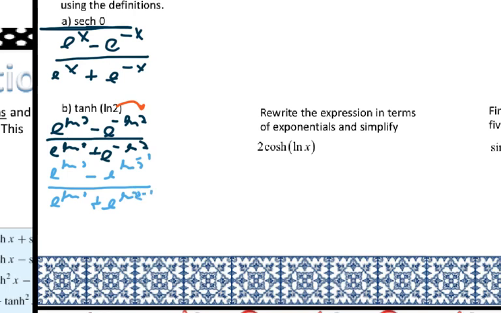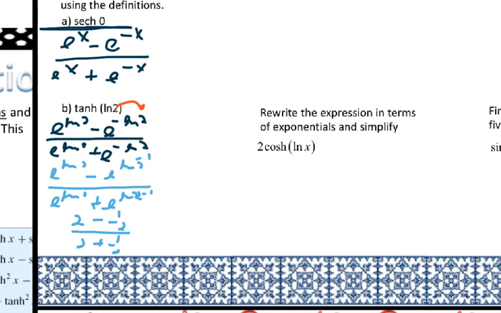We know 2 to the negative 1 is 1/2, right? So I could further simplify this. e to the natural log of 2 is 2, minus e to the natural log of 2 to the negative 1, which is 1/2, all over 2 plus 1/2. Are we okay with that? I'm just simplifying my exponentials.